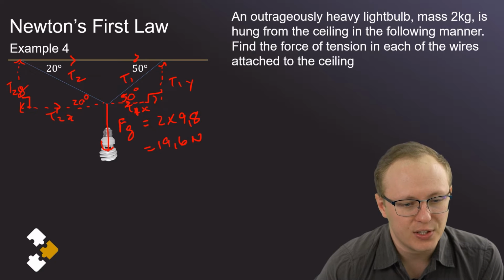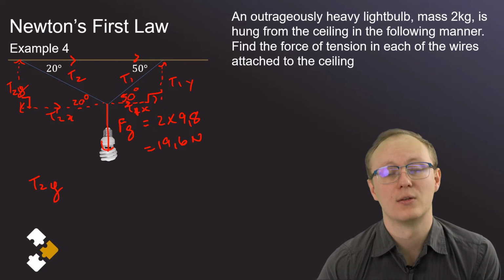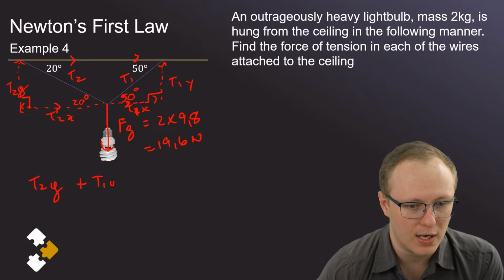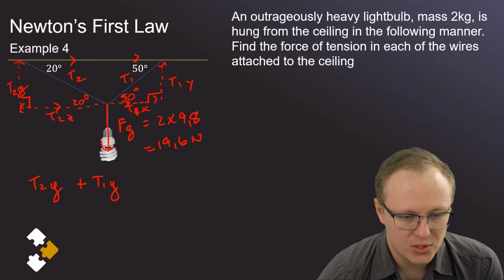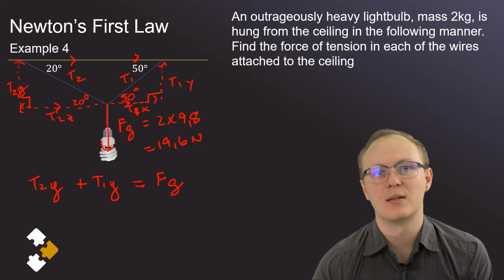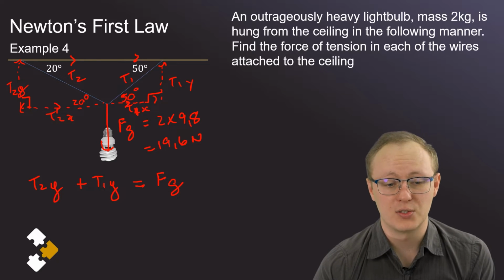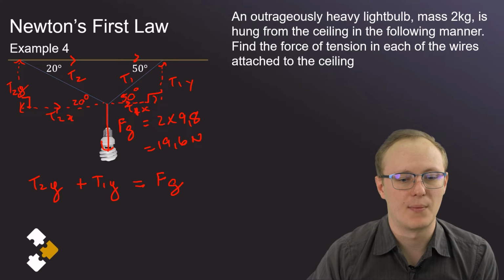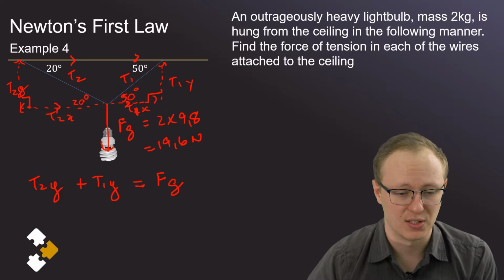That means that the T2y going up, plus the T1y going up, has to be equal in magnitude to the Fg going down. So that's my first equation, where I've taken all the y components and set them equal because F net has to be 0.